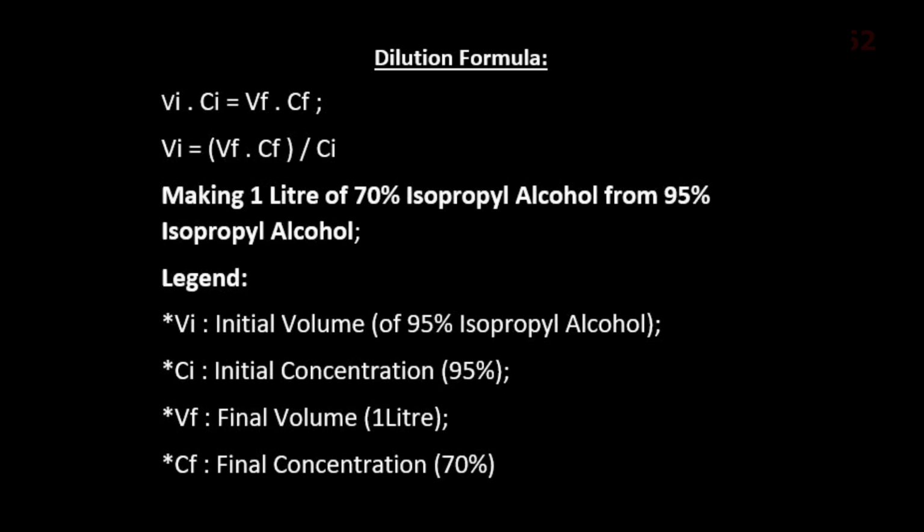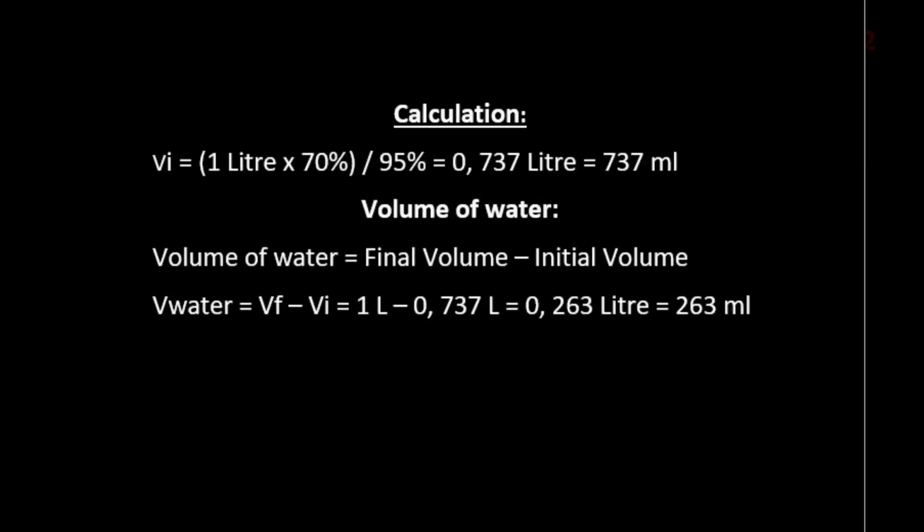Let's get to calculation. Remember that Vi is equal to Vf times Cf over Ci, and we also gave the legend. So let us find Vi. It will be equal to 1 liter, which is our final volume, times 70%, which is our final concentration, over 95%, which is our initial concentration. Do the calculation on your side. How much are you getting?